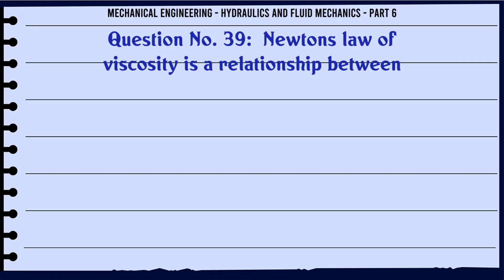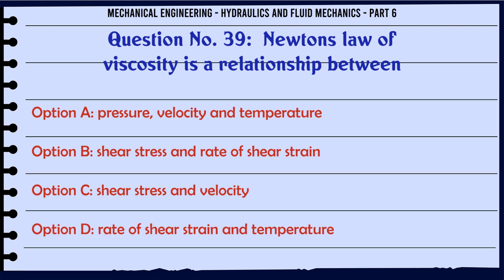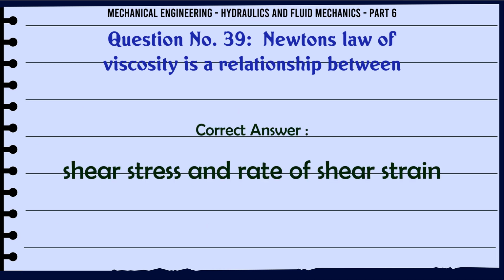Newton's law of viscosity is a relationship between A pressure, velocity and temperature, B shear stress and rate of shear strain, C shear stress and velocity, D rate of shear strain and temperature. The correct answer is shear stress and rate of shear strain.